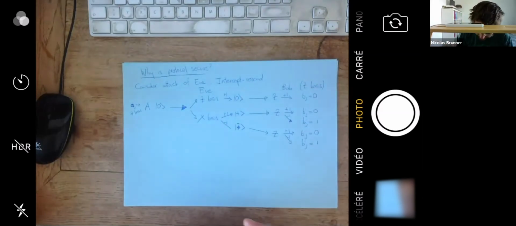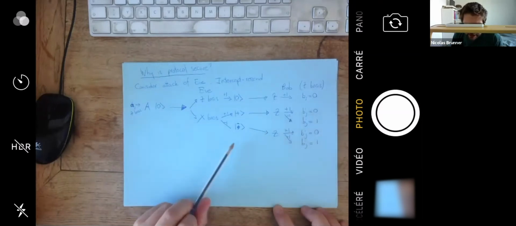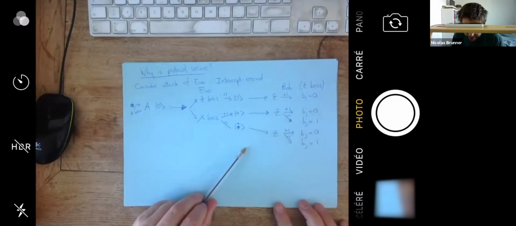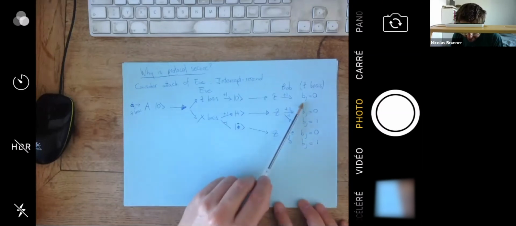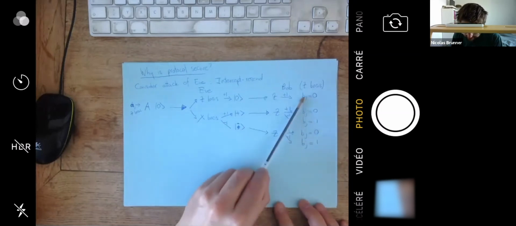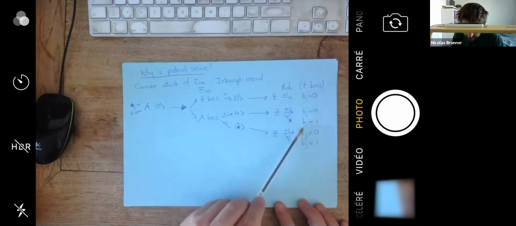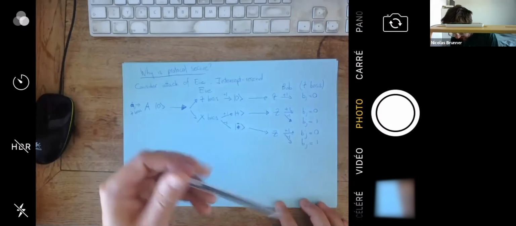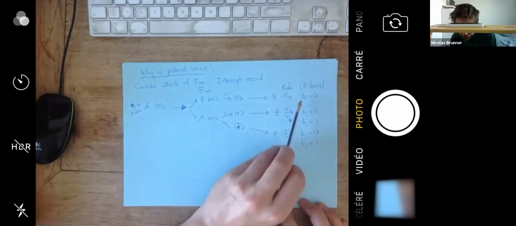All right? And so now you see what's going on. Well, the point is that there are lots of different cases, first of all, right? And in some of these cases, Bob decodes the correct thing, right?